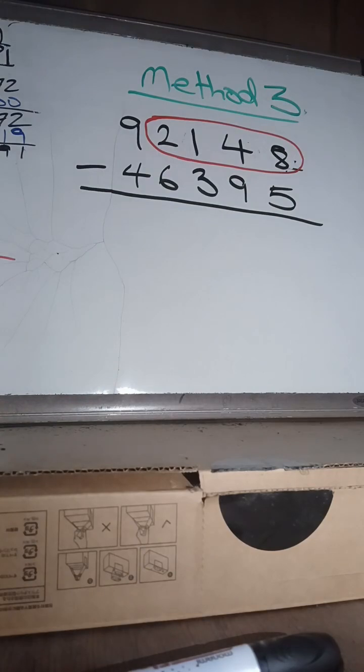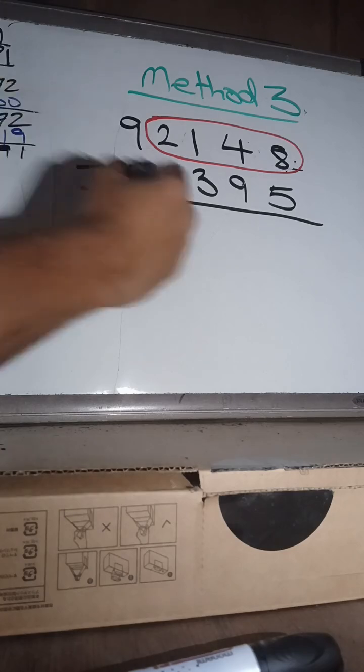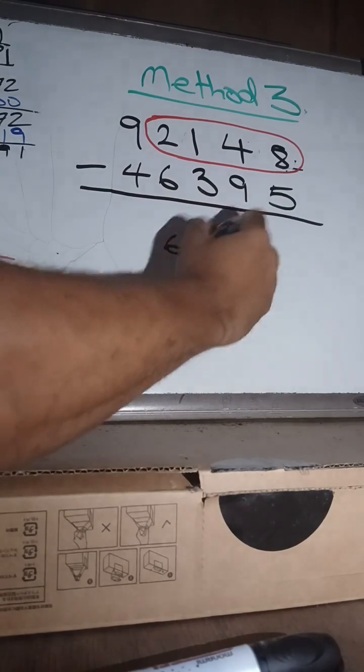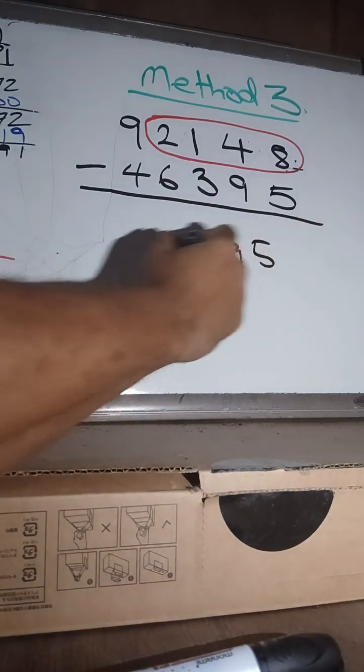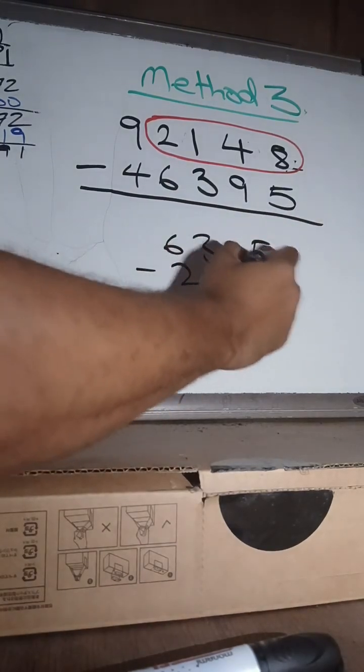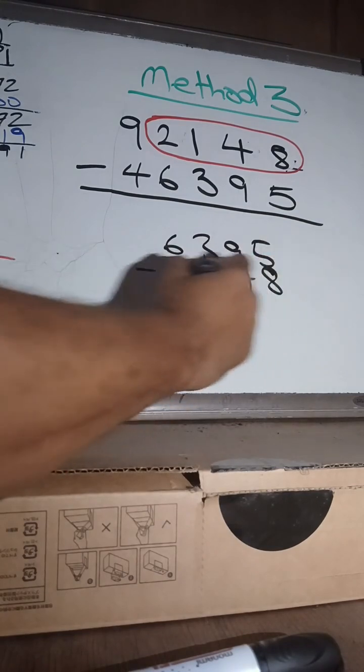You know, one of them where it's going to give you a little problem, right? No, okay. Let me just experiment with some. So we have 6, 3, 9, 5, and we have 2, 1, 4, 8.